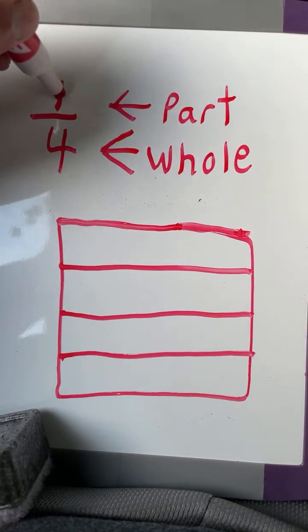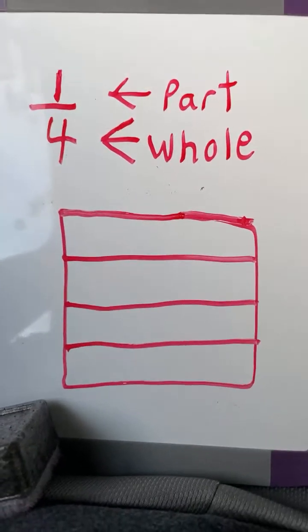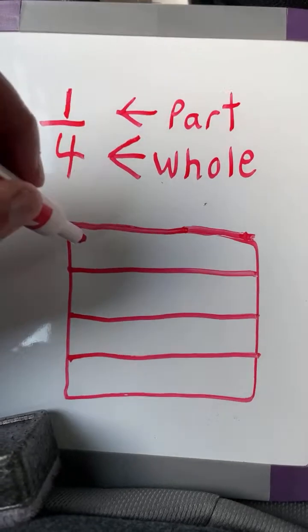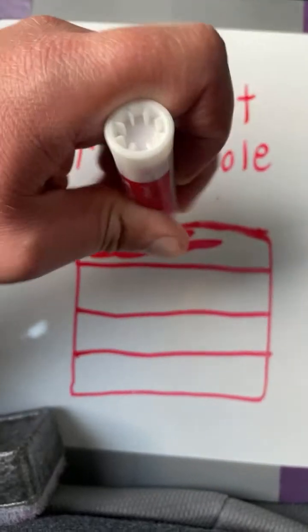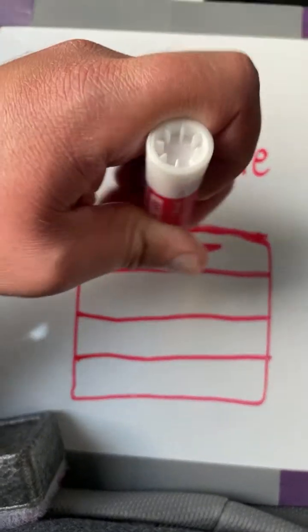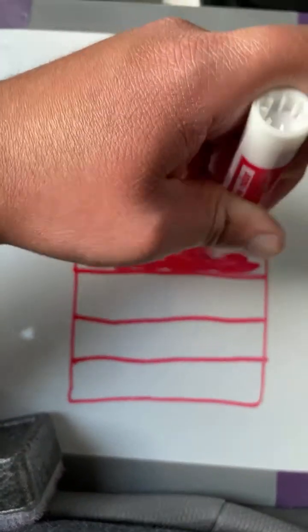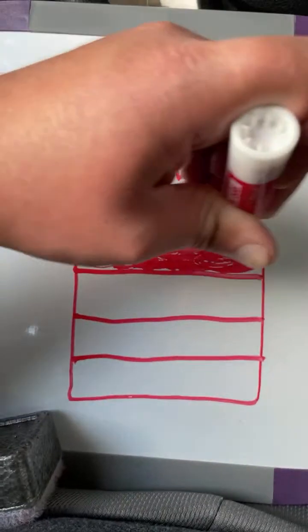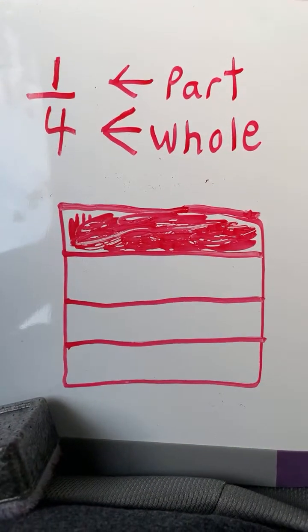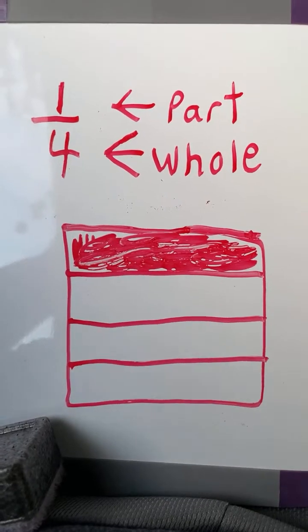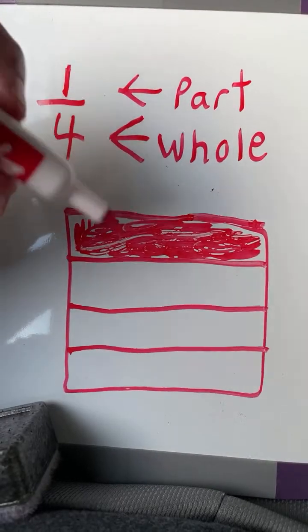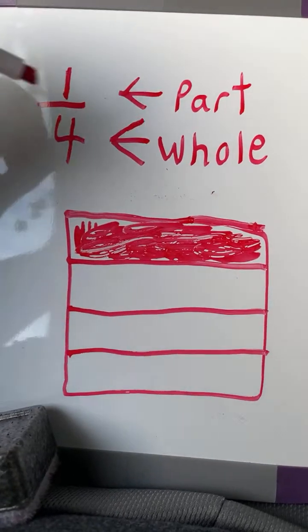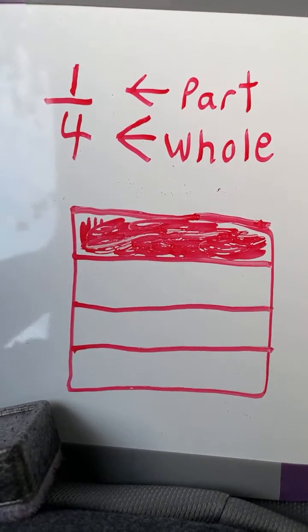Now, if I wanted to make a fraction model that represented 1/4, one of those 4 parts would be filled. So the fraction model representing 1/4 is below. In this fraction model, as you can see, we have 4 total parts, and 1 out of those 4 parts is filled.